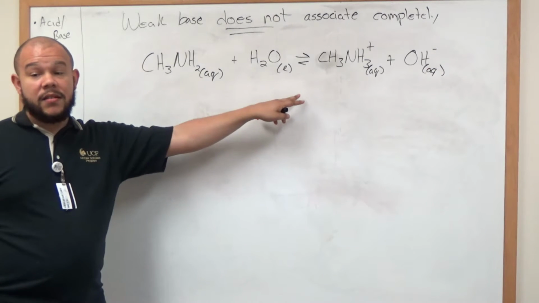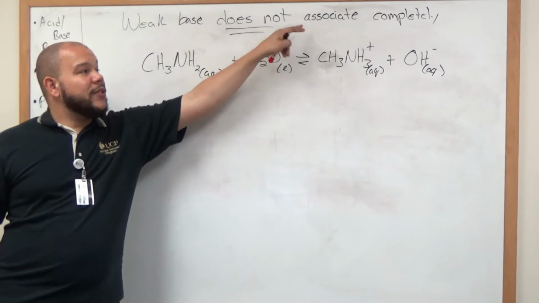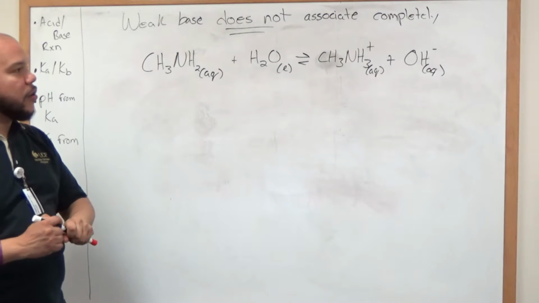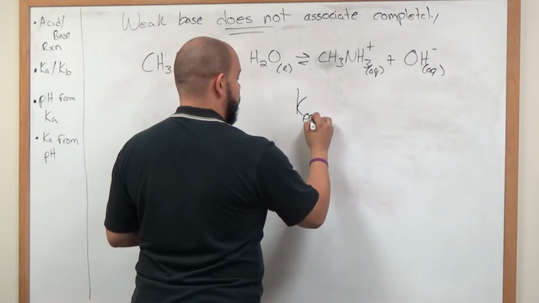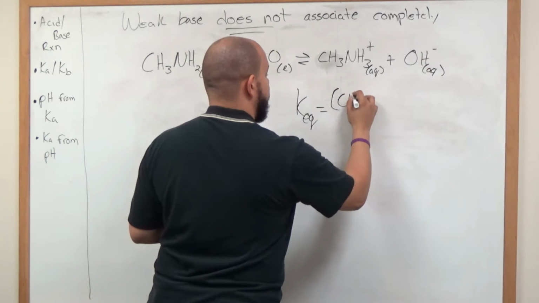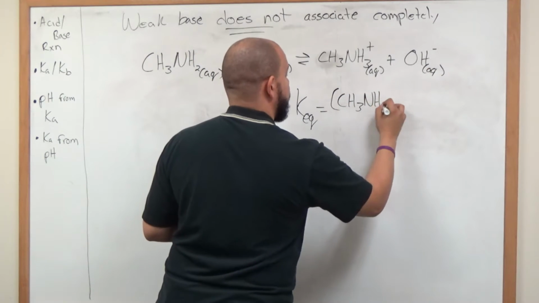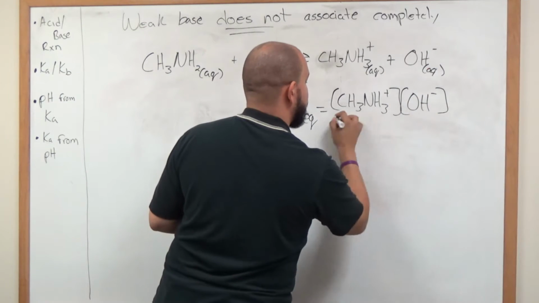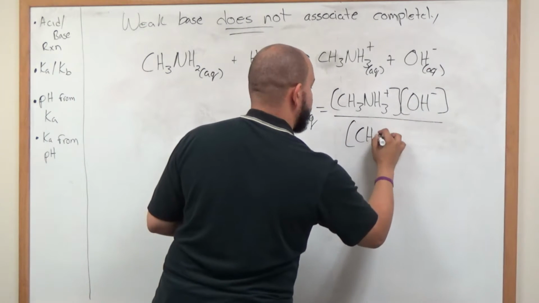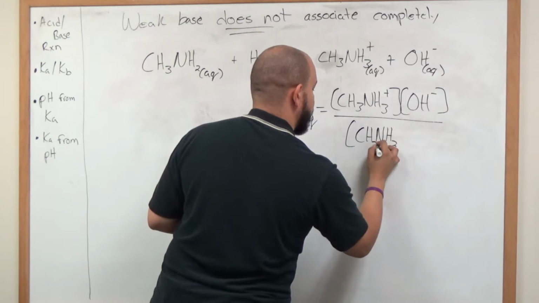We have our phases, but we do not have complete association. Now, if we looked at KEQ, we see that KEQ is the concentration of the conjugate acid, concentration of hydroxide over concentration of the base.